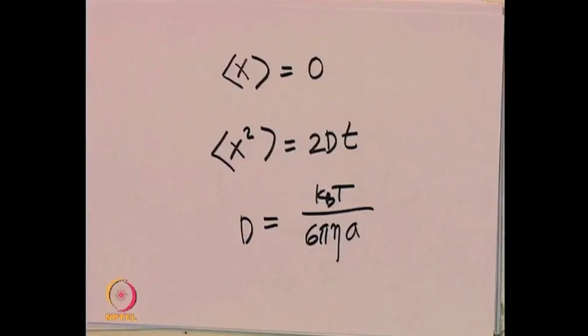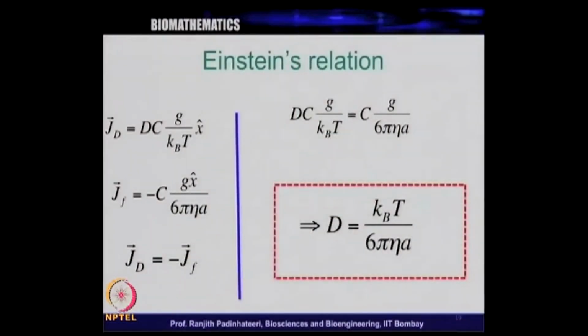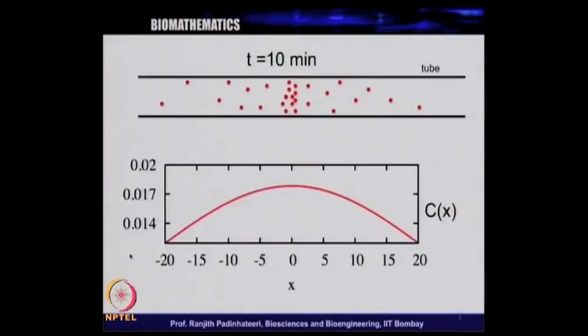Now, one more interesting thing I just want to share with you is that in the beginning we graphically represented the diffusional profile, the profile of the concentration, in this particular manner. What is the mathematical function that can represent this concentration?